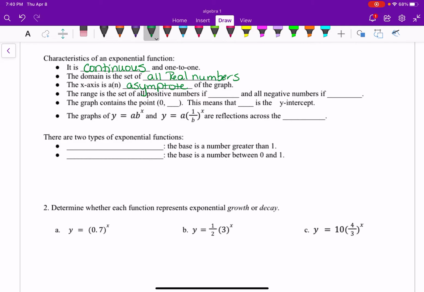The range is the set of all positive numbers if a is greater than 0, and all negative numbers if a is less than 0. So again, if you draw it, you can kind of see that easier. The graph contains the point (0, a). That means that a is the y-intercept. Okay, so you've got to look for the y-intercept. That's usually where I look to start. And these graphs are reflections across the y-axis.